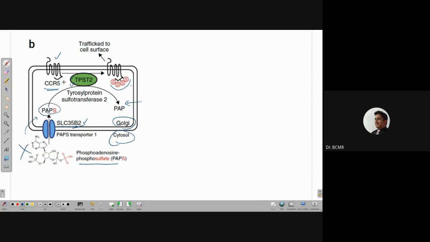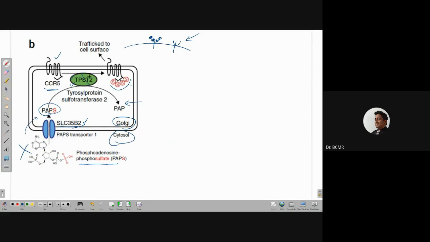So sulfation of CCR5 would not have happened. And apparently now what we know is once this one is matured, it will be secreted out, and there will be a lot of sulfated residues like this. If there is no sulfation, then HIV is unable to interact with it. That is what is known from this study.